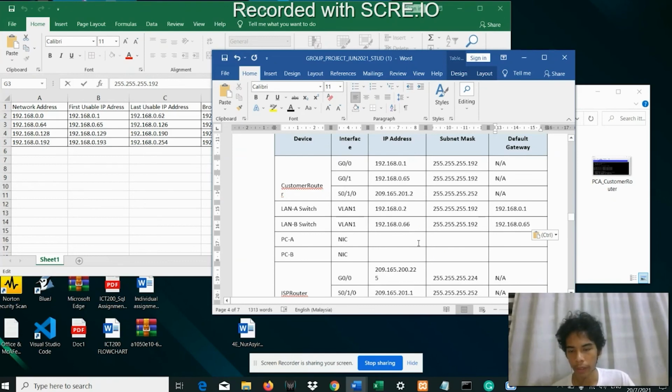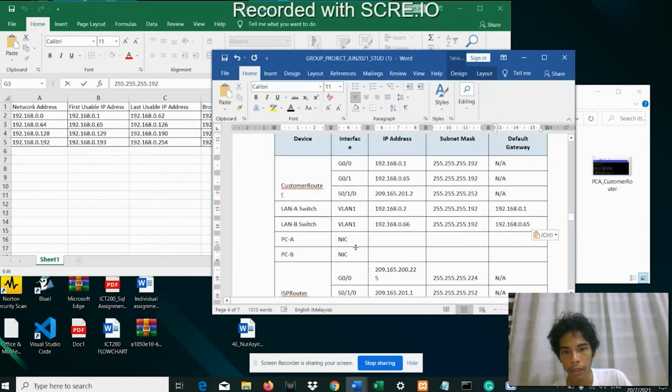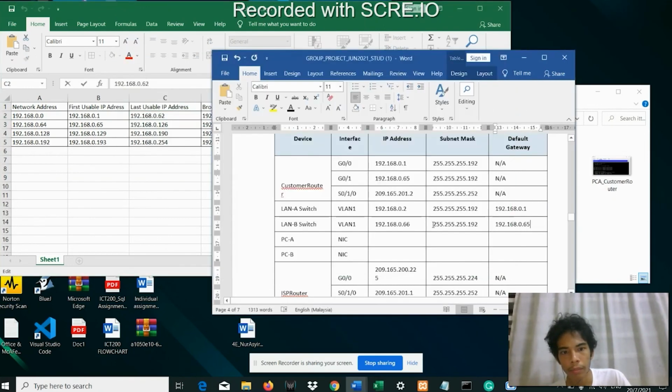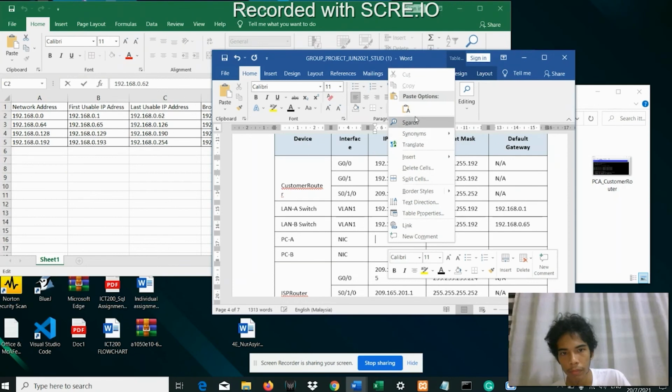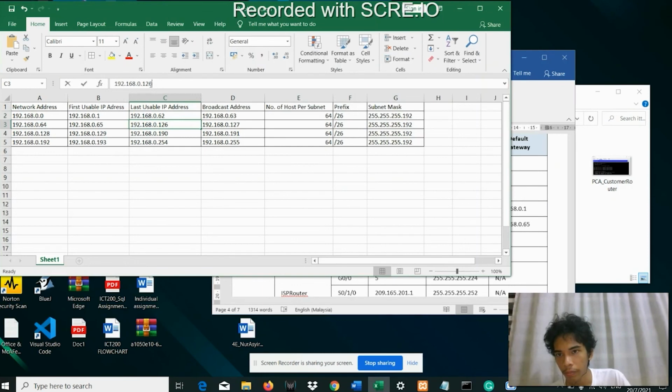We are almost finished. Now to the PCA, go to this table. We should look at the last usable IP address. The first line represents the PCA and the second represents the PCB. Now we just need to take the value, copy, and then this as well.